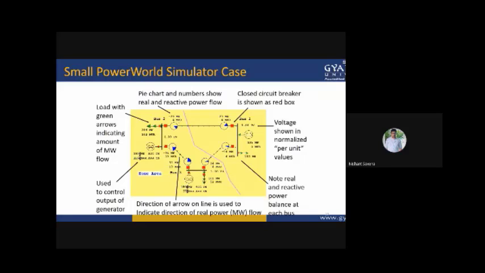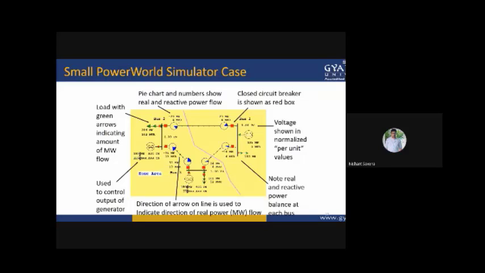So we can see how the power is flowing from each bus towards the load, and how the power is being shared. The green arrows indicate the amount of megawatt flow and are used to control the output of the generators.